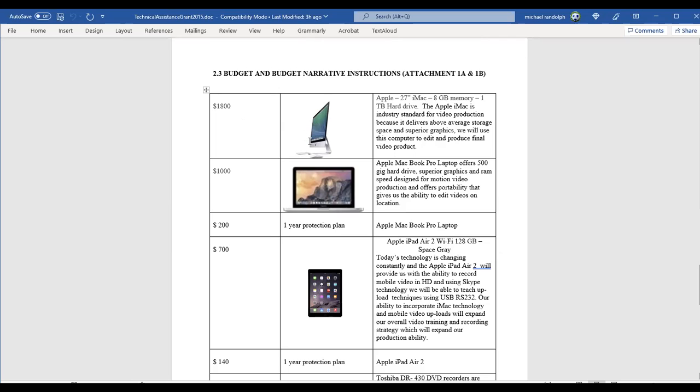Like this one is $1,800, but he looked at one that was $2,500 for the same computer and another one that was $2,000. His argument was that of the 3 prices, $1,800 was the best one. People want to know that you are consciously making sure you use that money in the cheapest way possible. Some people just buy anything the first time, but when you're buying things, you have to look at 3 different prices and come up with the best price.